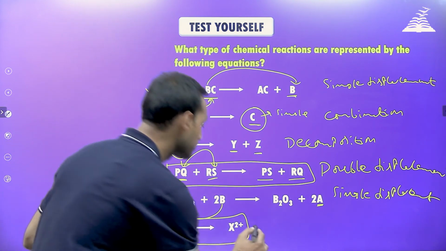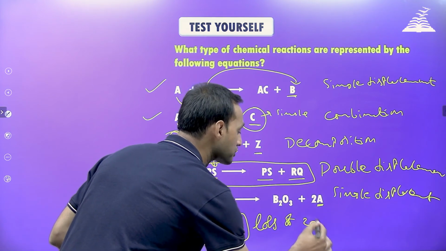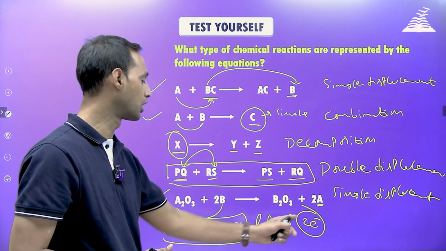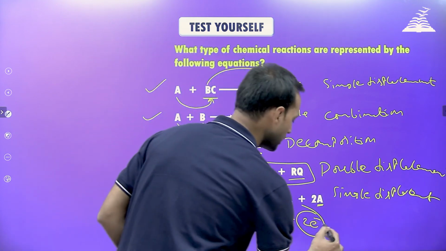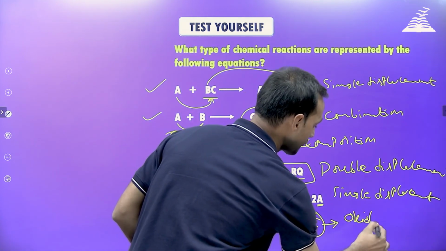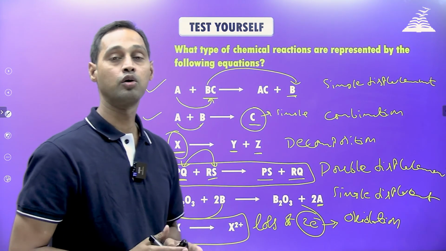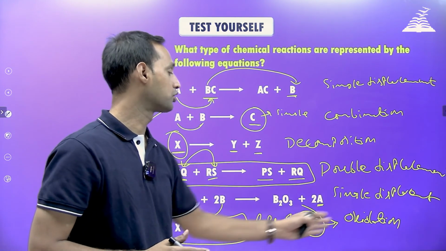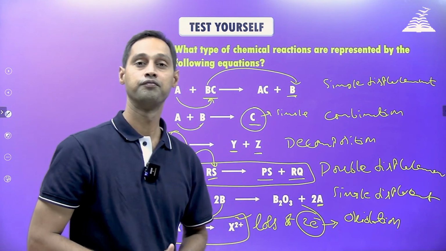Loss of 2 electrons. X loses 2 electrons to give X2 plus. According to the modern concept, loss of electrons means oxidation. So this is an oxidation reaction.